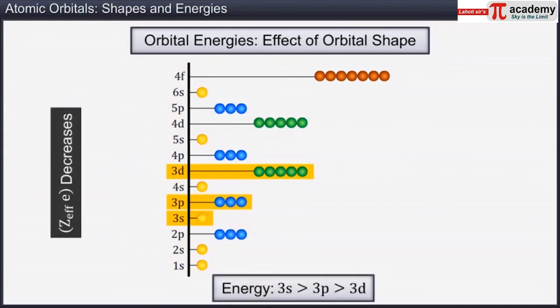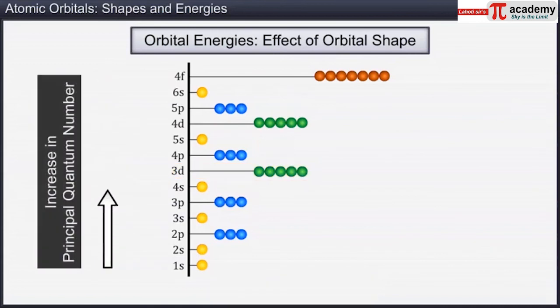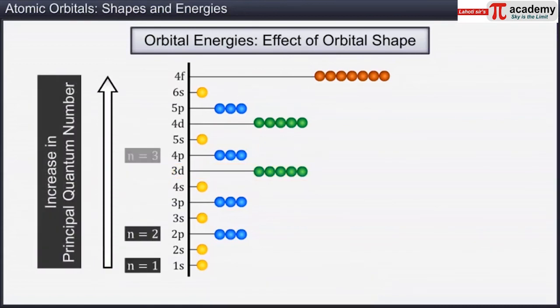Because the effective nuclear charge experienced by the orbitals decreases with increase in l, the energy of the s orbital is lower than that of the p orbital, and that of the p orbital is lower than the d orbital, and so on. With the increase in shell number n, the energy of the orbitals also increases.